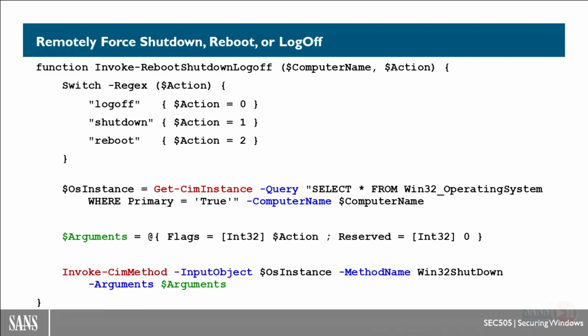Now, if it were to say int64, that would cast it to a 64-bit integer. Or if it were to say uint32, that would be an unsigned 32-bit integer. All right, so this technique is called casting, where you put the name of a class inside square brackets in front of a variable, and that tells PowerShell to treat the data inside that variable or to convert that data to that class type.